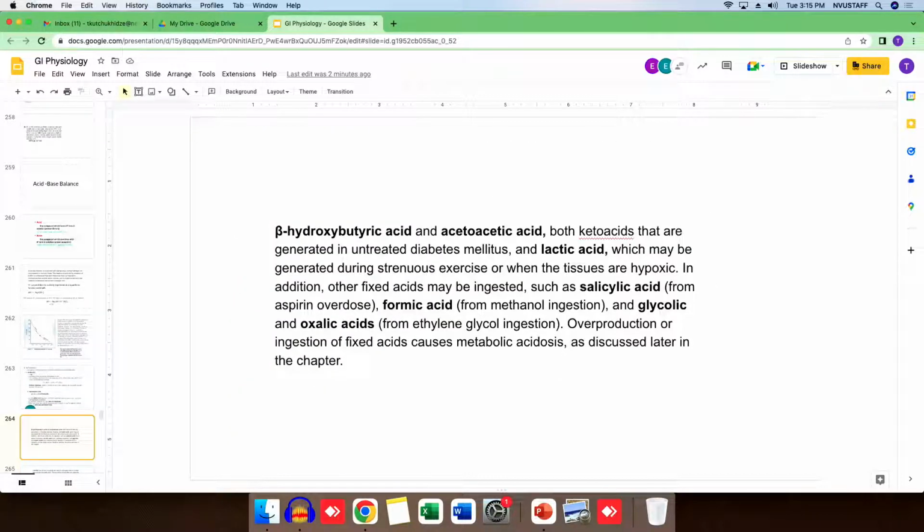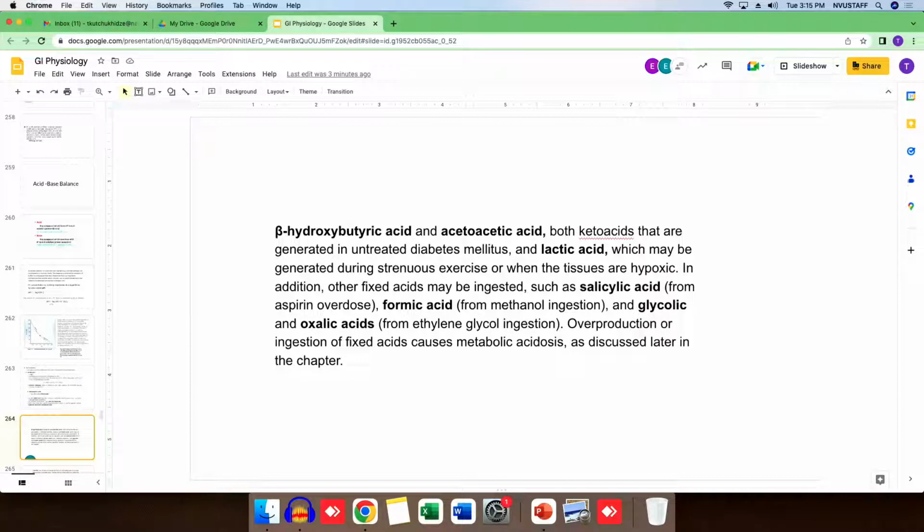For example, we have beta-hydroxybutyric acid or acetoacetic acid. Both are types of keto acids, and they are created when we have untreated diabetes mellitus. Then we have lactic acid, which is generated from too much exercise because of our glycolysis process, or sometimes when we have hypoxia of the tissue.